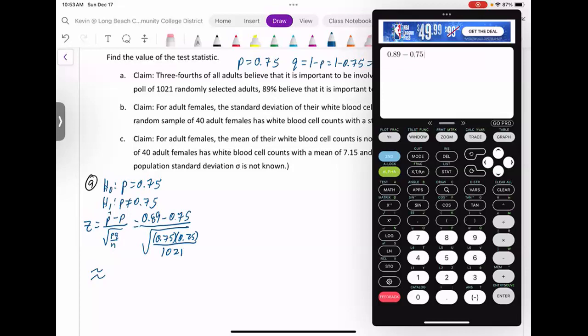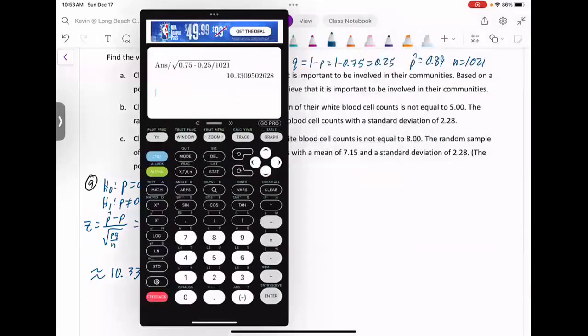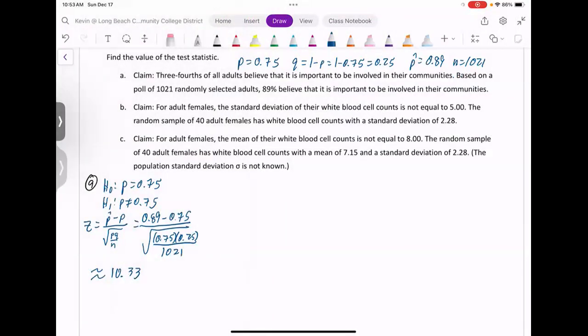Make sure you use parentheses in the numerator or hit enter first and then divide by the radical. Don't try to do it all in one thing, unless you use parentheses. So I'm getting that we were about 10.33 standard deviations away. Now, we don't know what to do with that number yet, but we need to at least know how to calculate that.